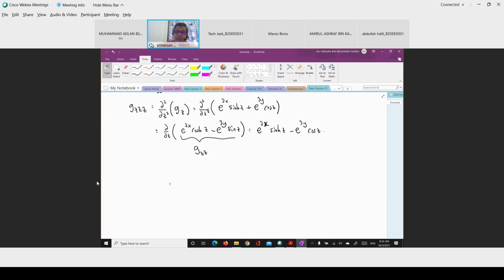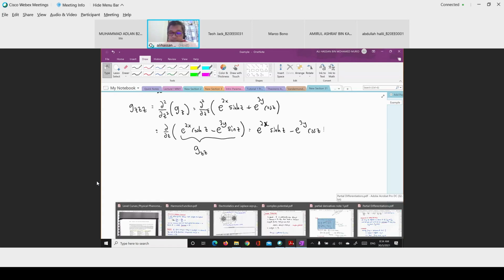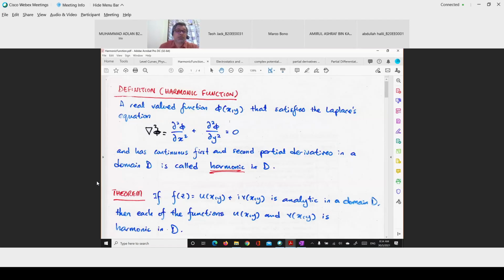One example is the Laplace equation here, the harmonic functions. A real valued function phi of x and y that satisfies this equation below is called harmonic. This equation is called the Laplace equation.